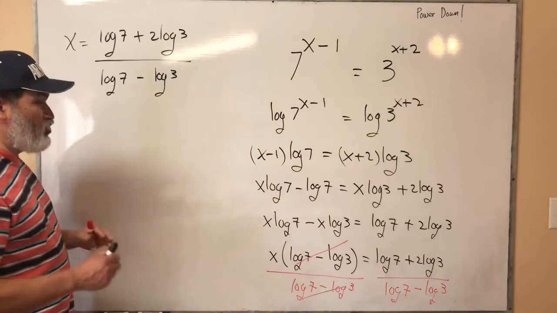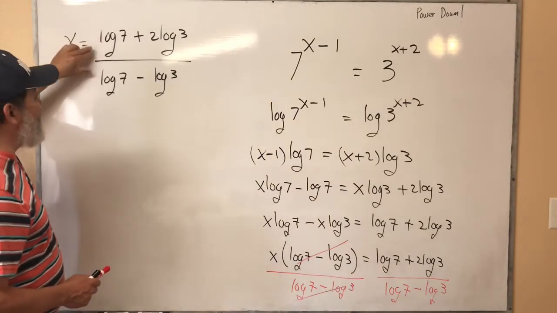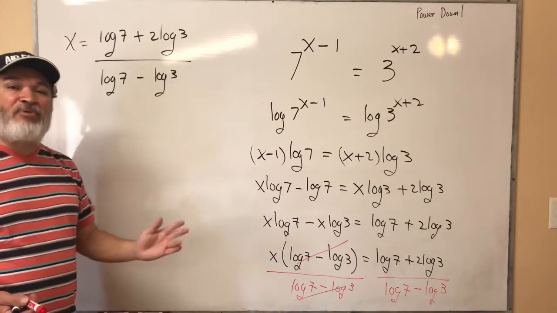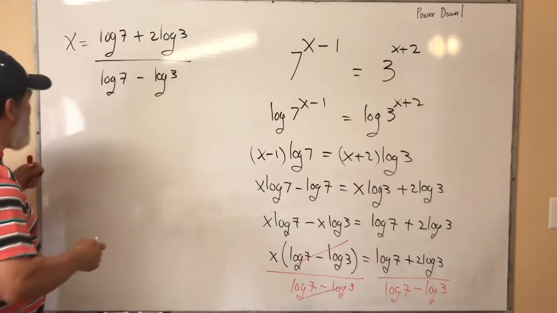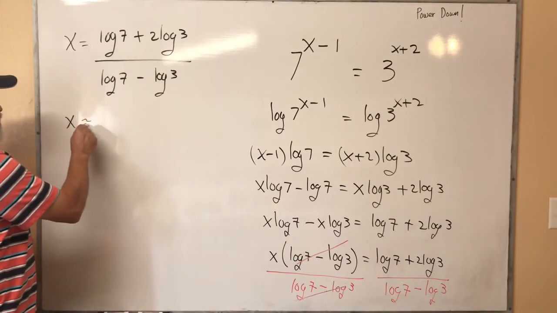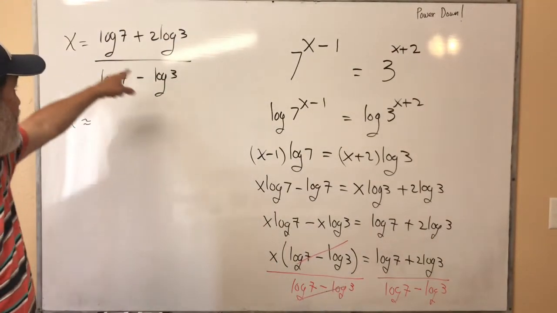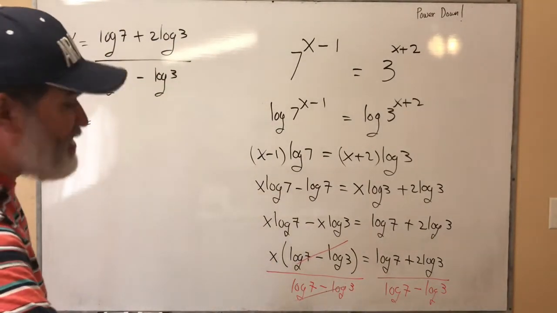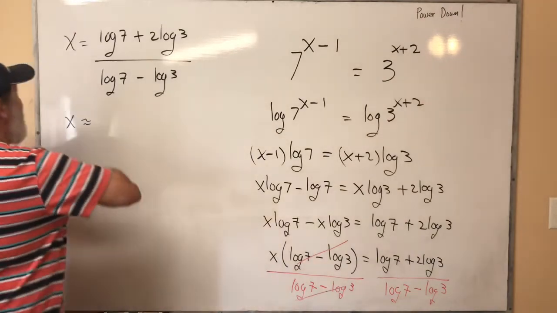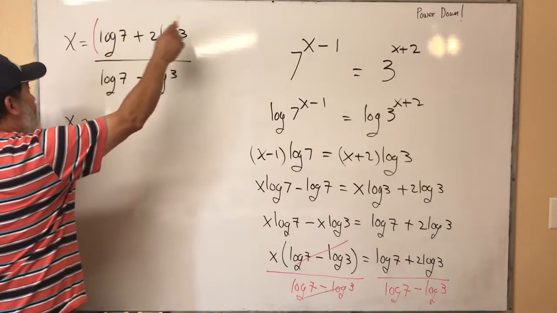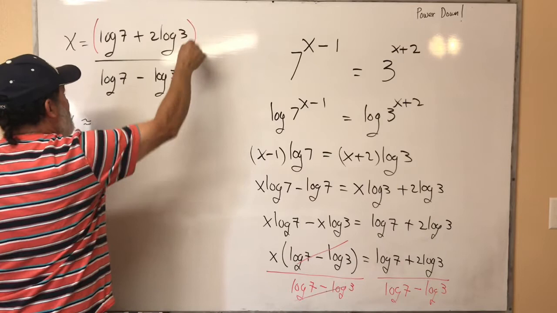So you get to this answer and now you can approximate. So x is approximately equal to, let's do the top first. I better use parentheses in my calculator, parentheses and parentheses there.